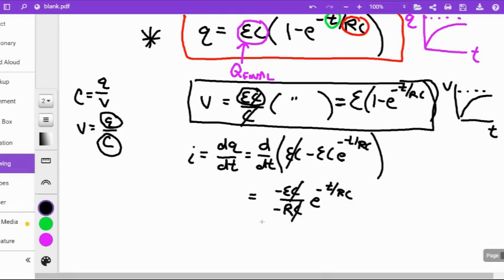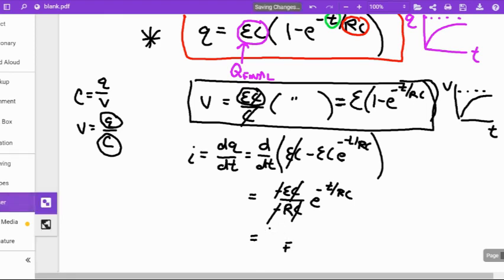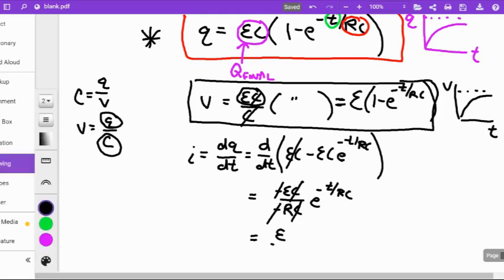C's cancel, negatives cancel, and then when you get that, E over R, that's going to be your final current. I'm just going to leave it that way because that's the way we want to probably write it here. So this will just be E over R, e to the minus t over RC.